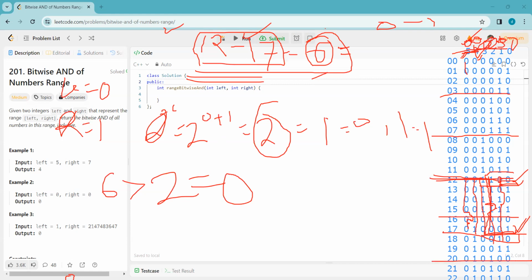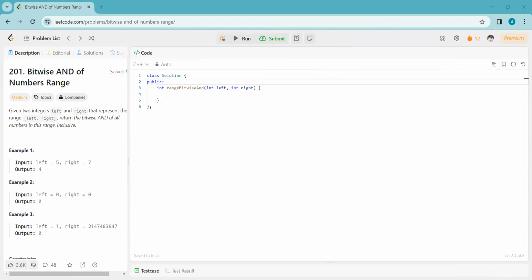So I hope we are clear with the solution. Let's try to code. So let's take a variable to keep the answer.